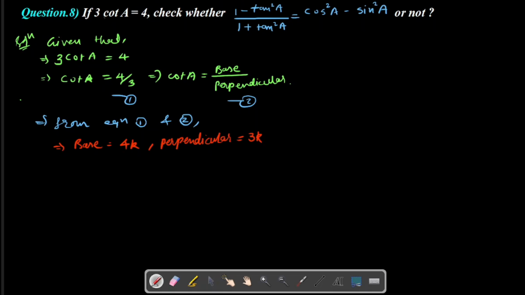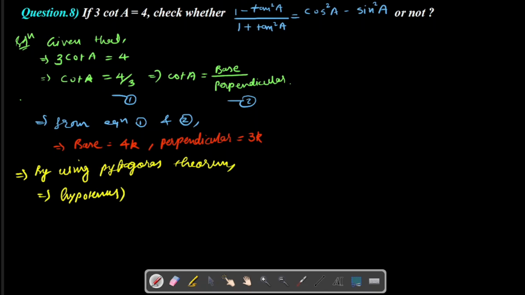By using the Pythagoras theorem, we have that hypotenuse square is equal to base square plus perpendicular square, right?